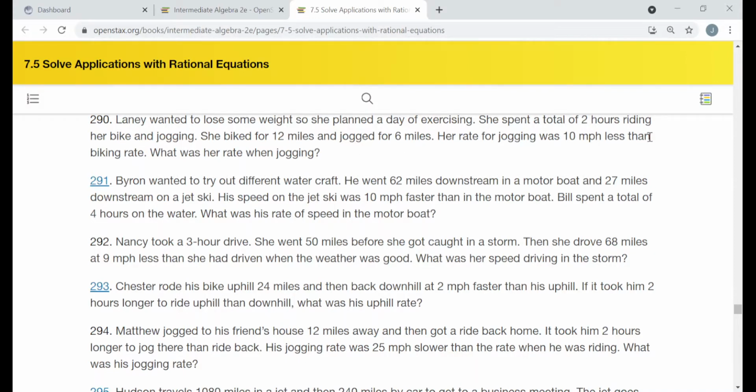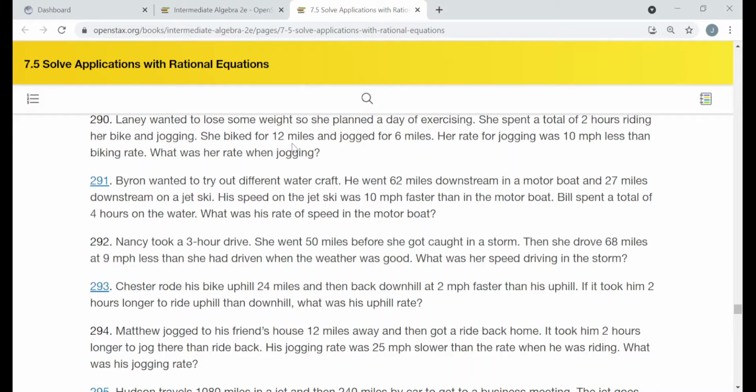So this means that the time riding the bike along with the time jogging makes a total of 2 hours. So maybe like an hour riding a bike, an hour jogging, or an hour and a half riding the bike and half an hour jogging, right? The times together make 2 hours, and that's where our equation is going to come from. We're going to have the time riding plus the time jogging equals 2.